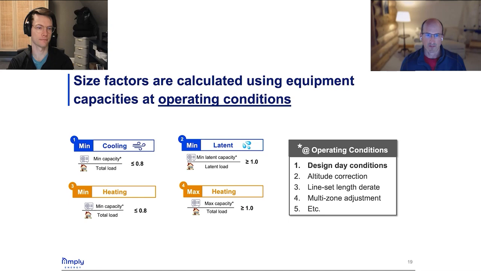So operating conditions of the equipment means you have looked at these expanded performance tables for the equipment at design day temperatures, and you've also made any corrections that are necessary for altitude, for line set lengths, whether you might have a multi-zone setup where you also have additional derates. You need to take into account all of these different factors so that this particular piece of equipment operating in the environment that it's going to be in at design conditions, altitude, etc. Those are the capacity values you should be using to do this math.